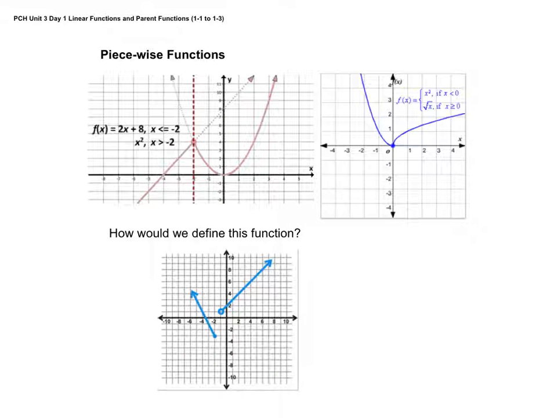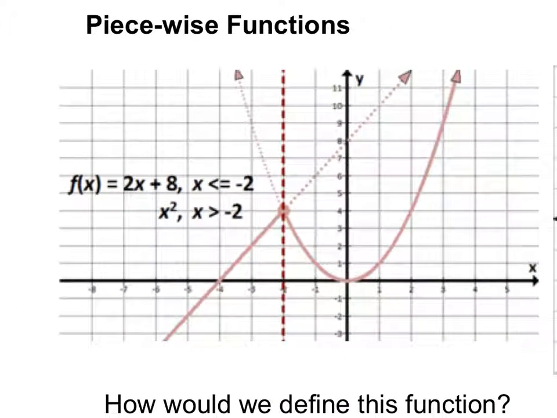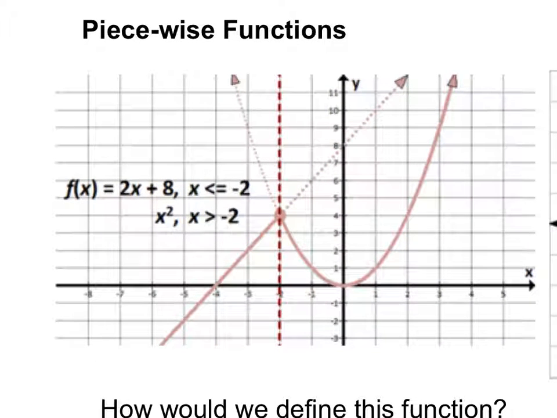Now, these piecewise functions can look a lot of different ways. Here we have one where you can actually see the parts of the functions that we're not using. Think of it like following directions on Google Maps. The whole road exists here, and this whole road exists. However, according to this piecewise function, we follow the line for all values of x less than or equal to negative 2.